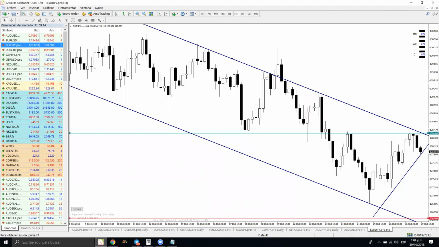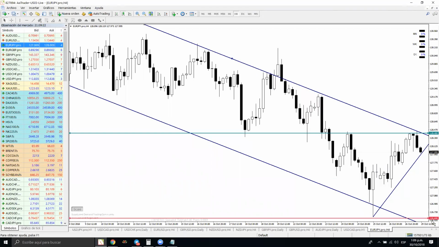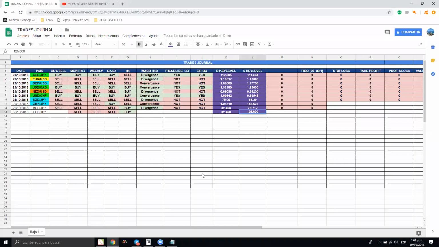It was 126. Here, and this is the special point, the resistance, 128.40. Okay, now we have a range here.